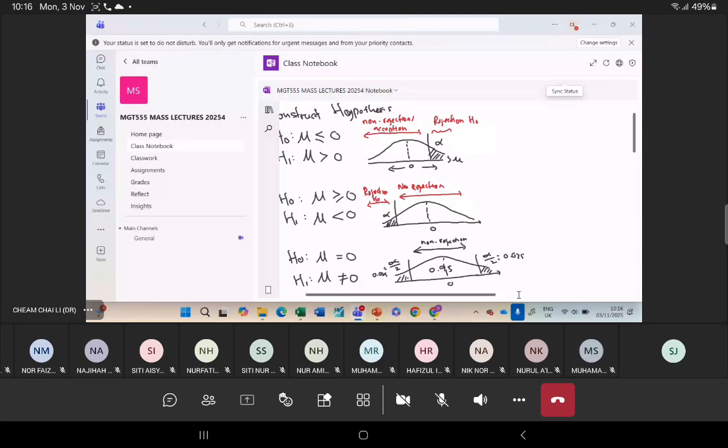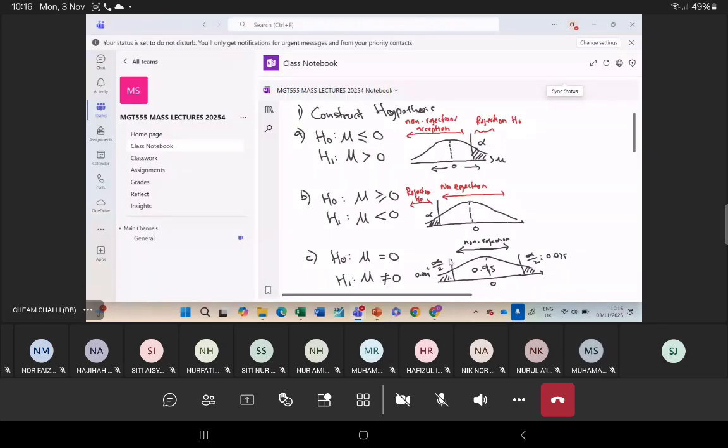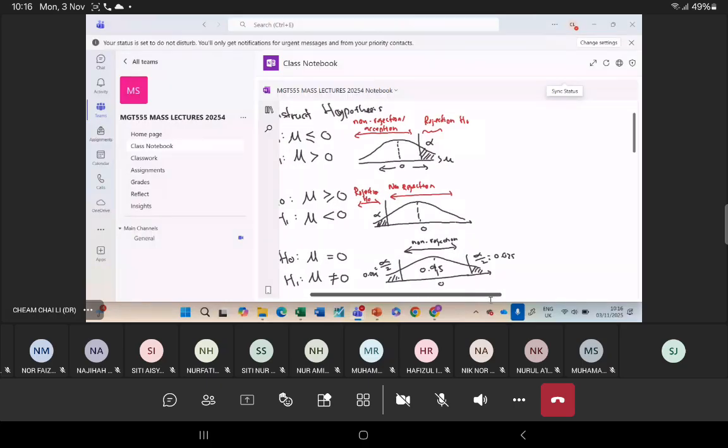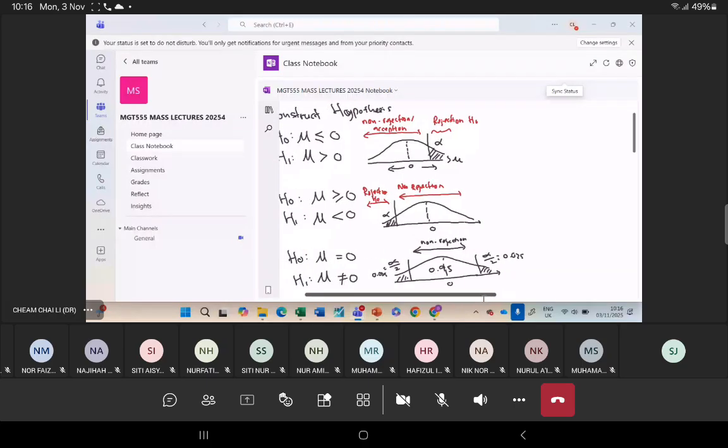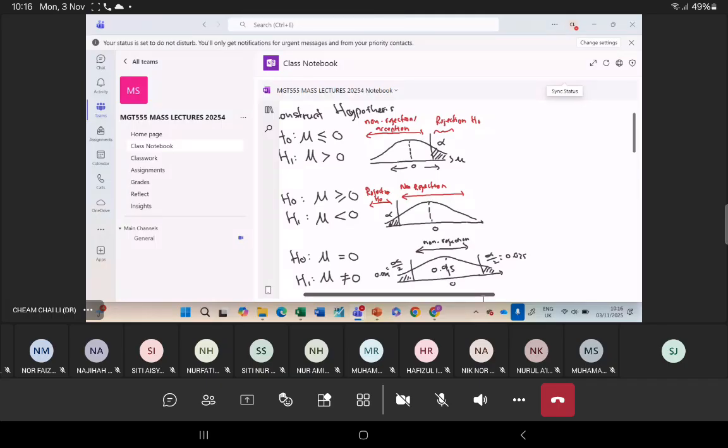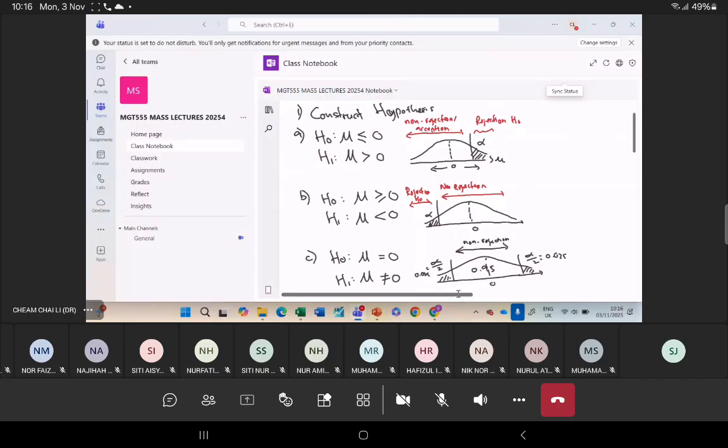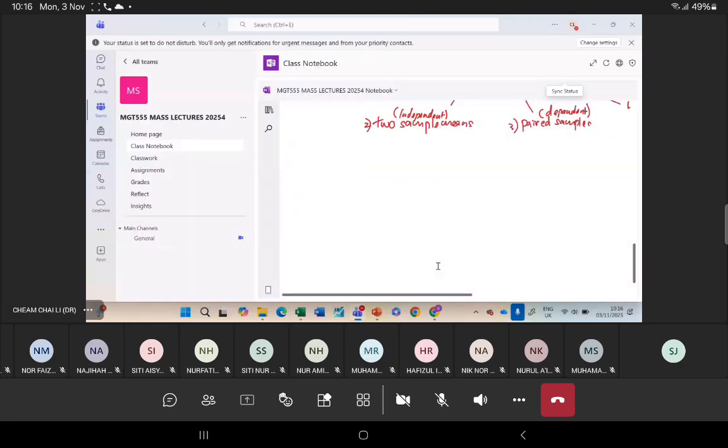Yes, madam. Okay, thank you. Okay, this is one sample mean. So I'm going to show you the two sample mean. Okay, saya tunjuk ke bawah ya, senang sikit. Okay, this is two sample mean. Two sample mean hypothesis testing.